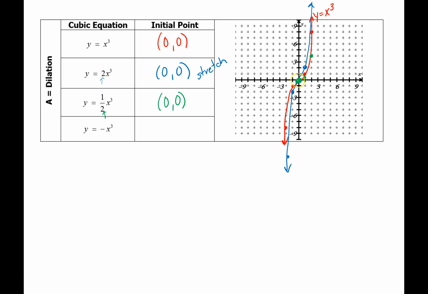If I go to the left, I go over 1 unit, negative 1 cubed is negative 1, but I'm only going to go down half of that, so I'm going down negative 1/2. Going back to my initial point, going over 2 units to the left, negative 2 cubed is negative 8, but I'm not going to go all the way down. I'm only going to go down half of that, so I'm going to go down 1, 2, 3, 4. Okay, so let's see what that looks like now.